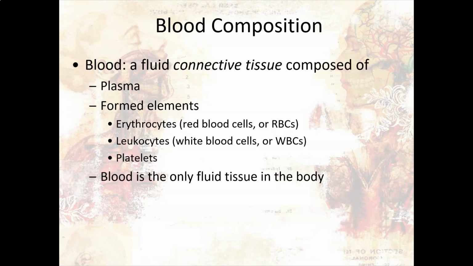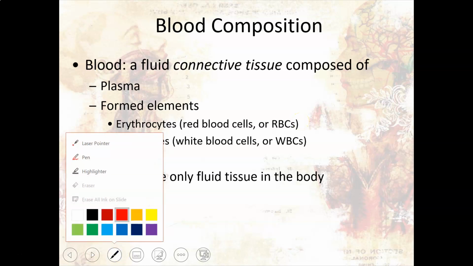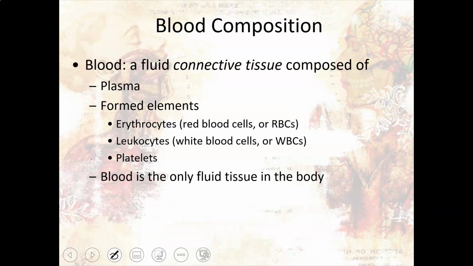So blood is a connective tissue. It's the only fluid tissue, but it is connective tissue. And like other connective tissue, it is made up of cells and an extracellular matrix. The extracellular matrix for blood is plasma.